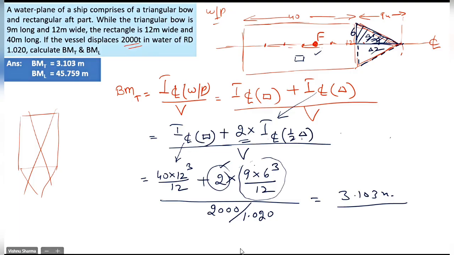Is the center line the base of the full triangle, complete triangle? Yes or no? BD/12 formula is about an axis coinciding with the base. Am I right? Yes sir. Is the center line base of the full triangle?